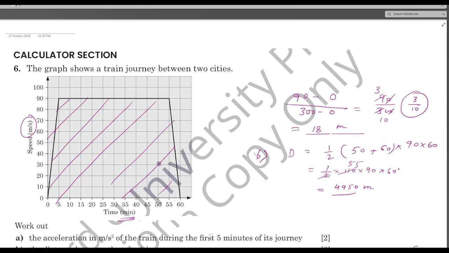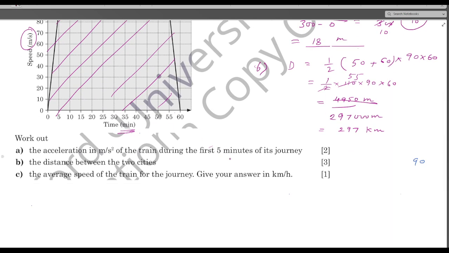So 4950 times 60 gives 297,000 meters, which is 297 kilometers. So it's my mistake, a big mistake. I should make a note that the time here is in minutes, not in seconds.